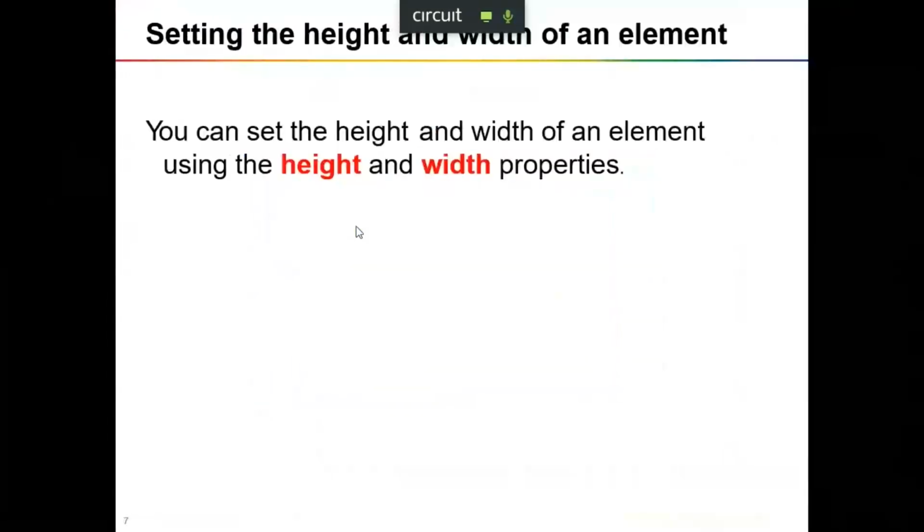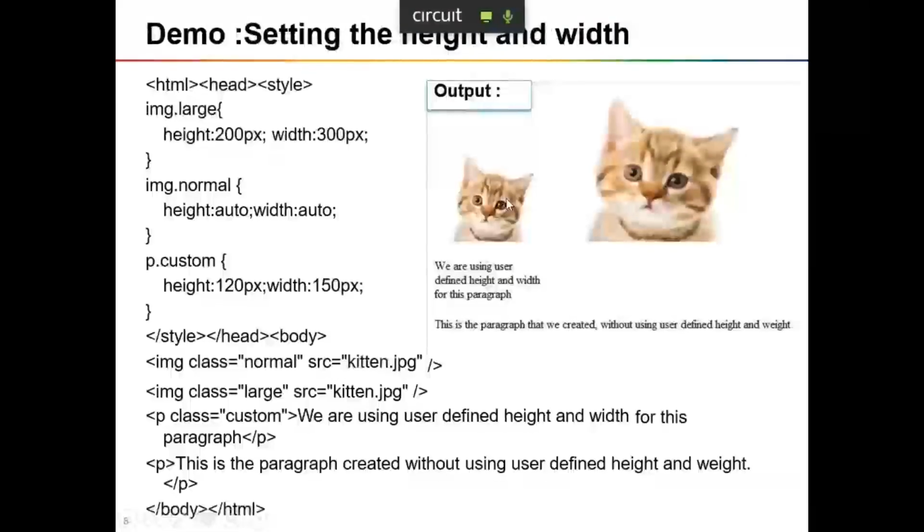Let's see some example. We can set the height and width of an element using the height and width properties, as you know. Now, in this example, I'm not going to write everything because it will take a long time to write and execute each and every thing, though I'll share all these slides with everyone. So just see here, because writing everything will take a long time.